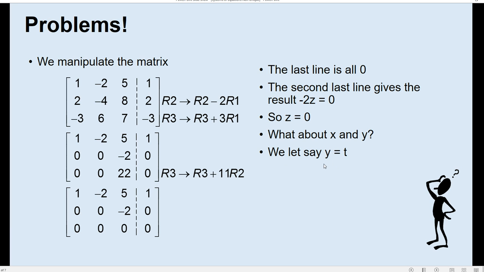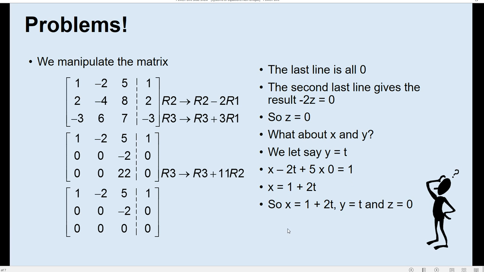And I'm going to say in this case let y equal t. Our parameter is t. So our top line then becomes x minus 2 times t plus 5 times 0 equals 1. In other words, x is 1 plus 2t when I rearrange it all. So we've got the solution x equals 1 plus 2t, y equals t, and z equals 0.